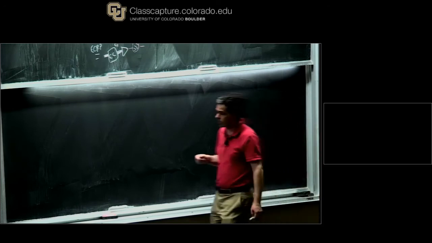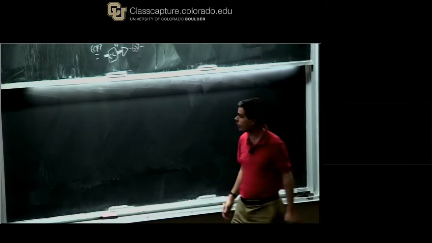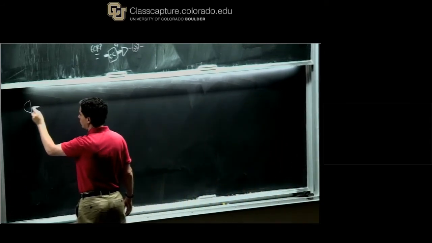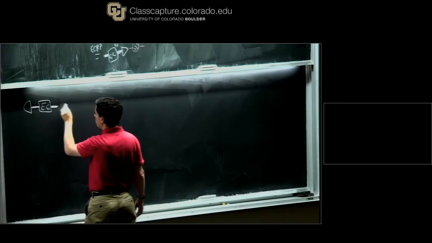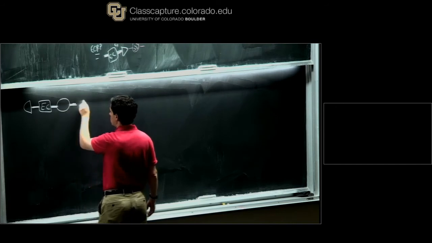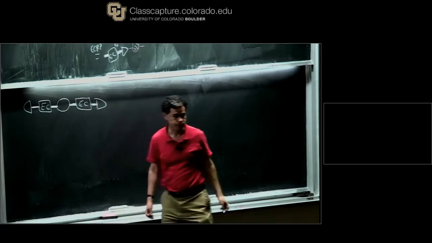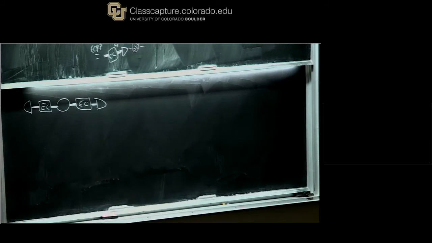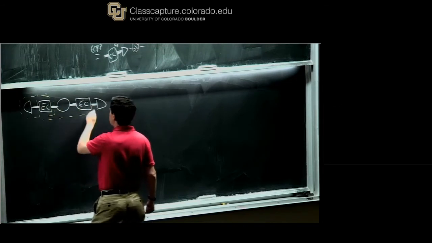Okay, so now let's look at a complete circuit and see what happens to it. I'm going to take a very simple circuit, just for example. So we're going to prepare a state, do error correction. We're going to do a gate, do error correction, and then we're going to measure it. Okay, and this is broken up into XRECs.